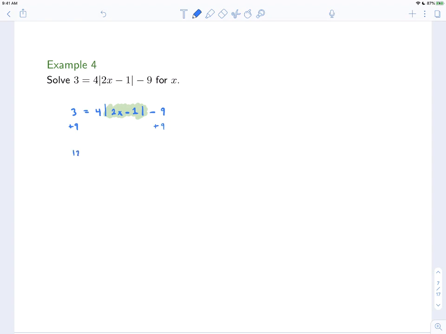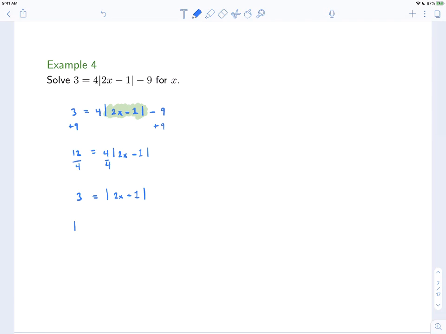So then we have 12 equals 4 times the absolute value of 2x minus 1. Now we divide both sides by 4, and now we have 12 divided by 4 is 3 equals the absolute value of 2x minus 1. So we've managed to isolate our absolute value. Let's just rewrite it so it's on the other side.